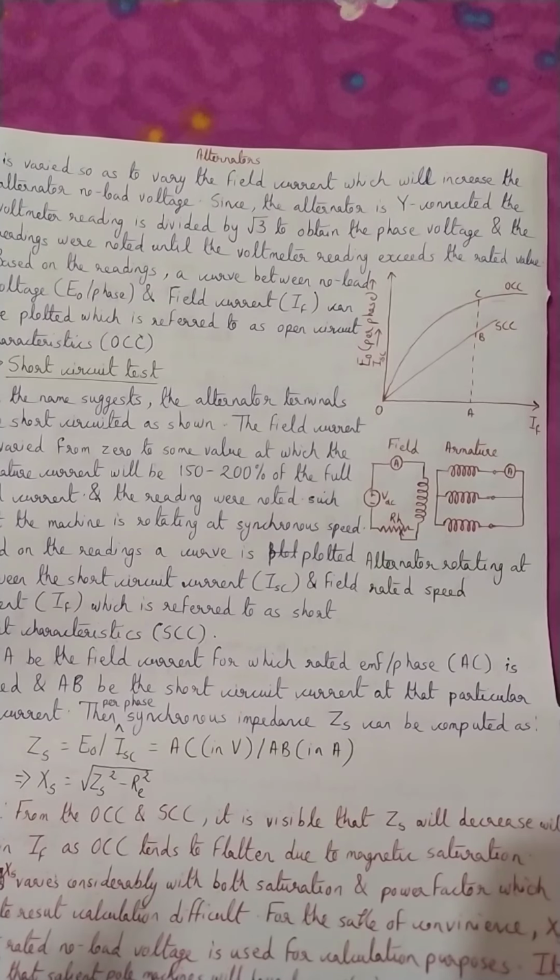The synchronous reactance is going to vary. So for simplification, we take this value of XS and perform the calculation based on that. So this is basically the open circuit test and short circuit test, and that is how we find the parameters: effective resistance of the armature, synchronous reactance of the machine, and synchronous impedance of the machine.